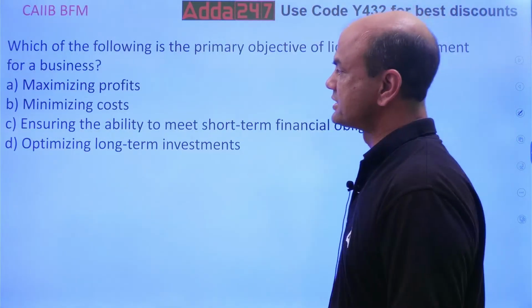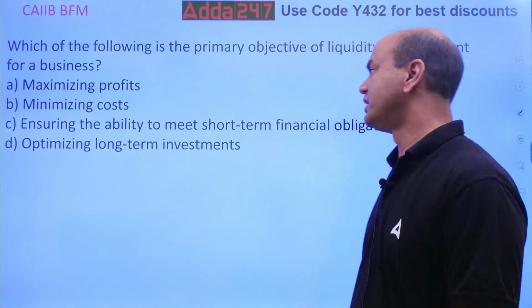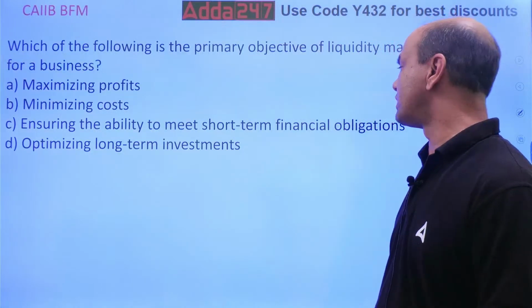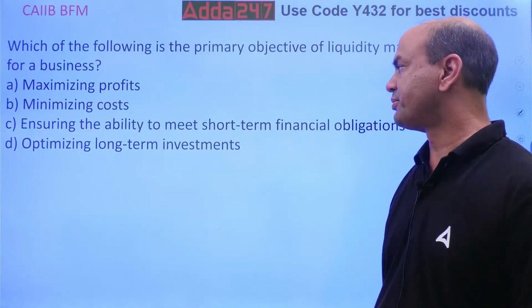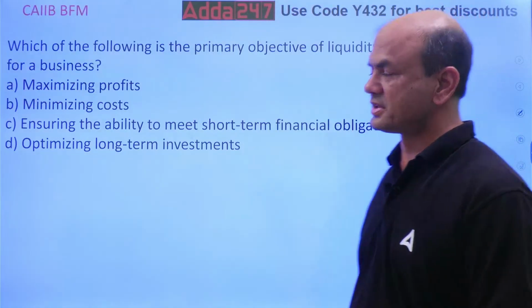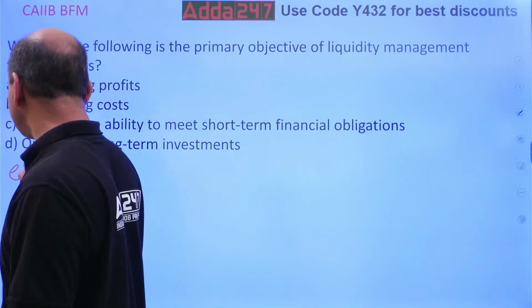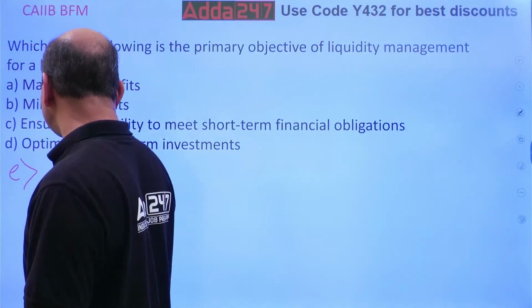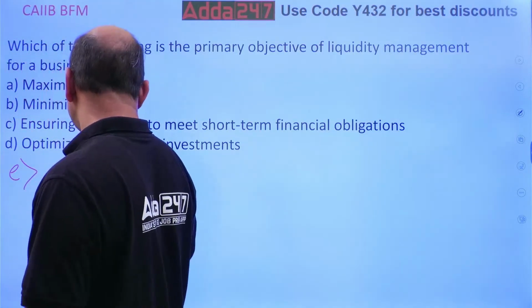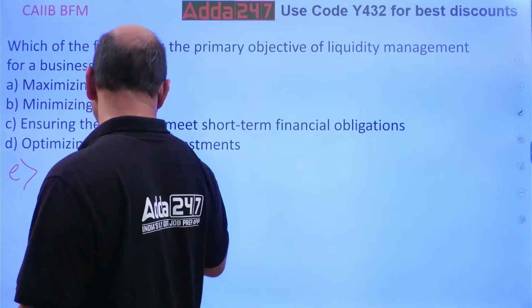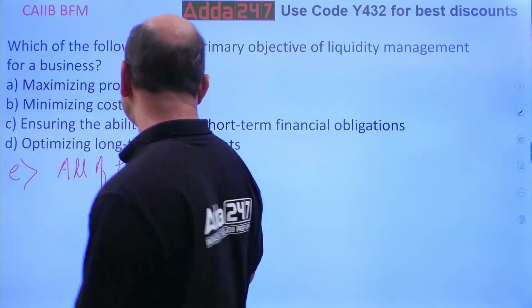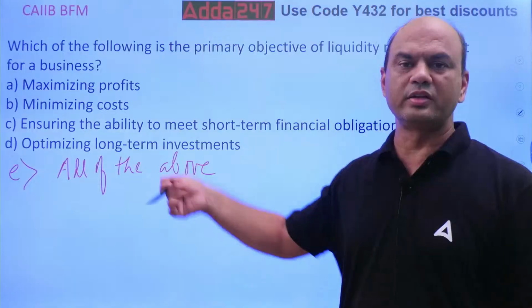Maximizing profits, minimizing cost, ensuring the ability to meet short-term financial obligations, optimizing long-term investments, or E, all of the above. Let me see how many of you answer it correctly.